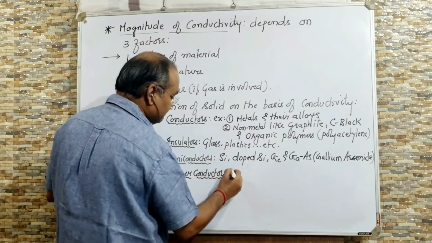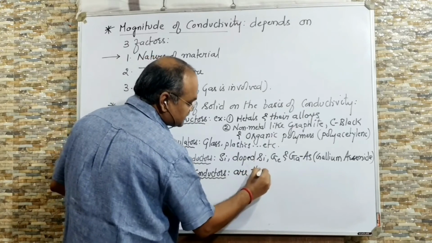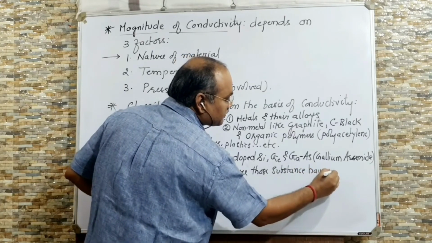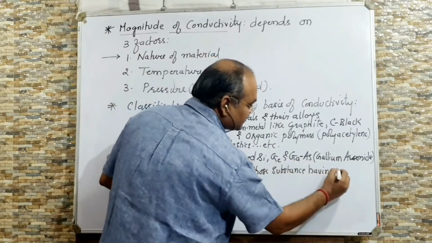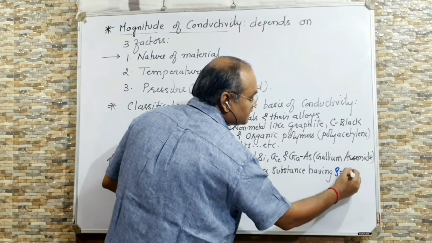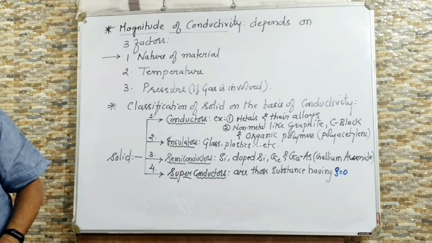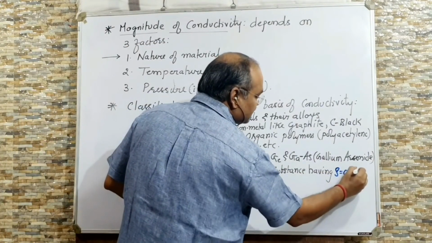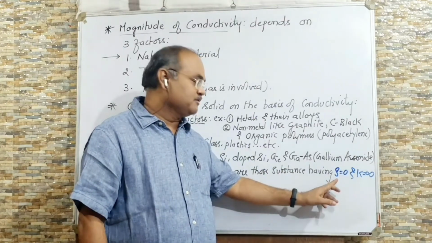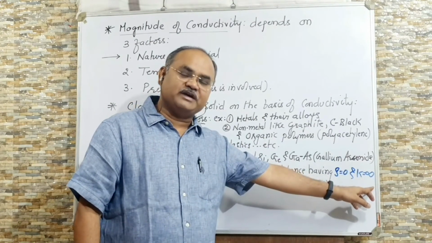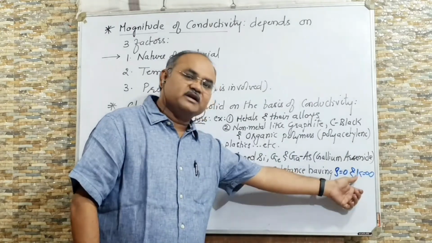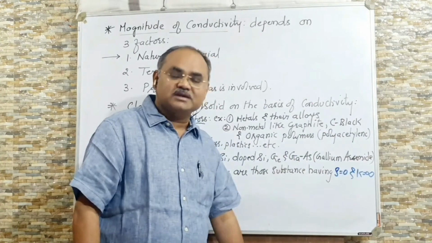Superconductors are those substances having rho equal to 0, meaning resistivity 0, and kappa infinite, because we know kappa is the inverse of resistivity, 1 by rho, 1 by 0, which is infinite. You can say resistance 0, conductance infinite, right?